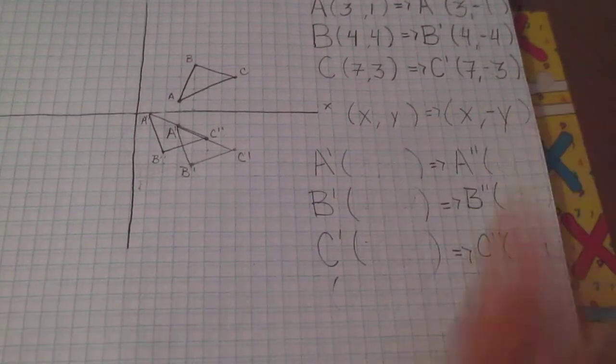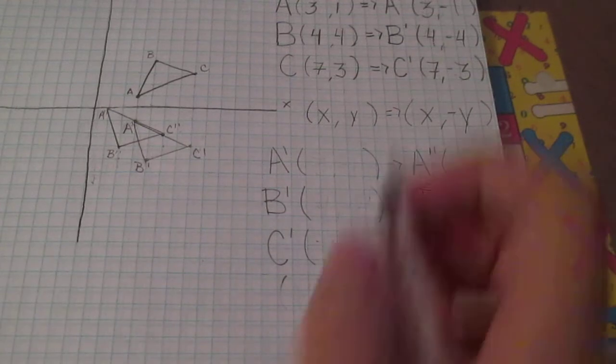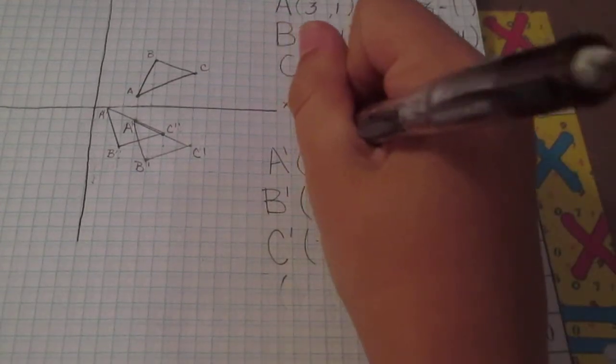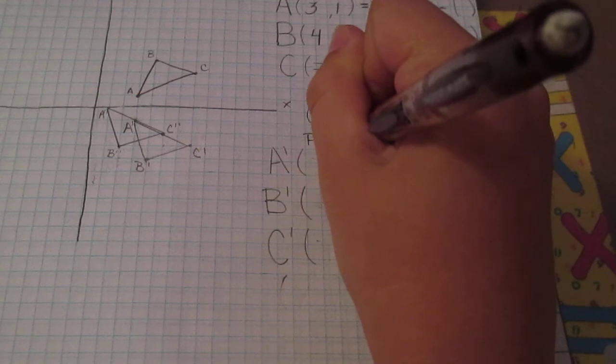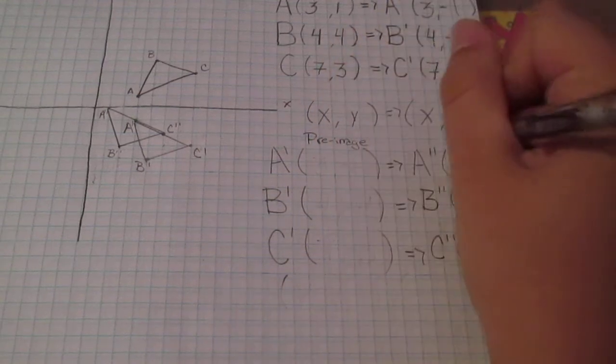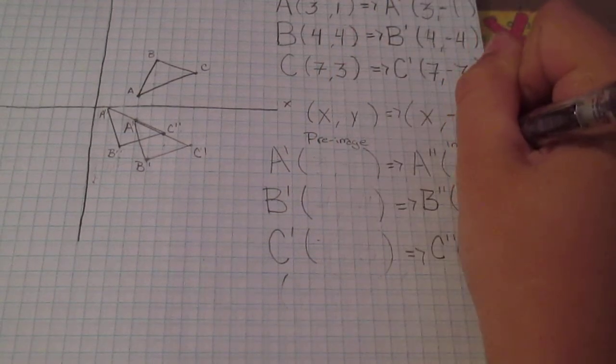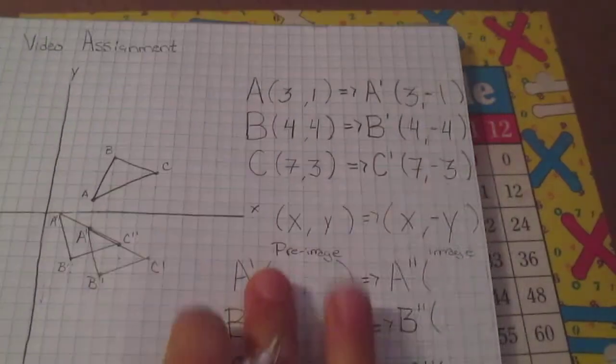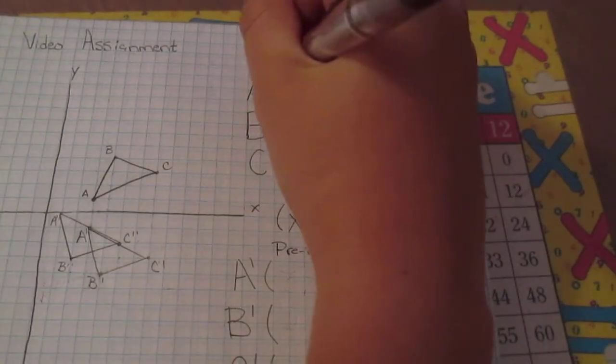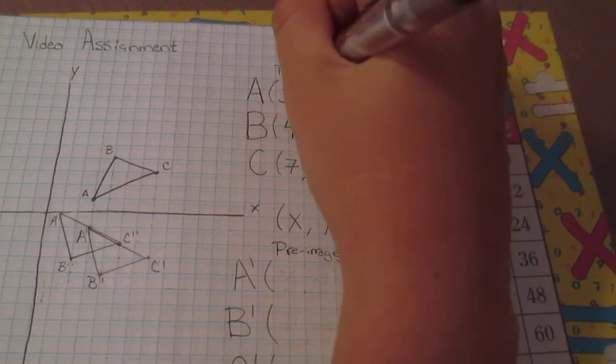Now as for my coordinates, this is my pre-image, and this is my image. And the same applies to the first translation.